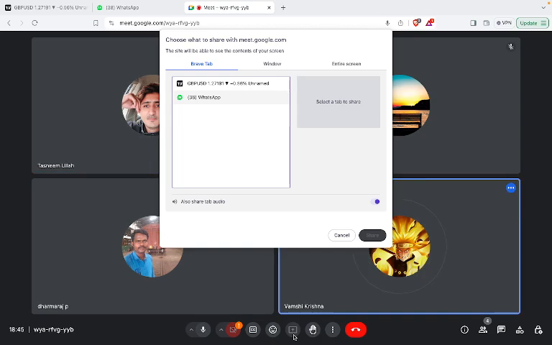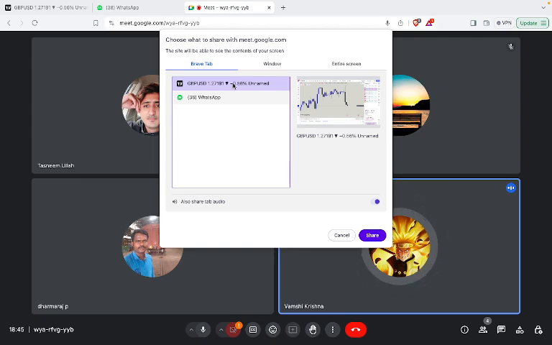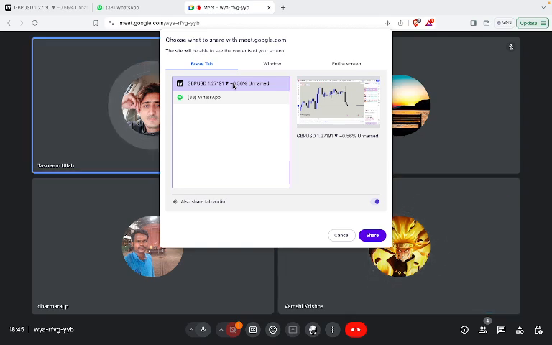No. Now? No. You should click on the TradingView tab. On the Brave tab option, click on the TradingView tab and then click on share. Sir, I have clicked on TradingView multiple times. I don't know why.